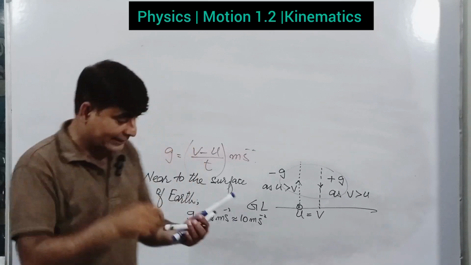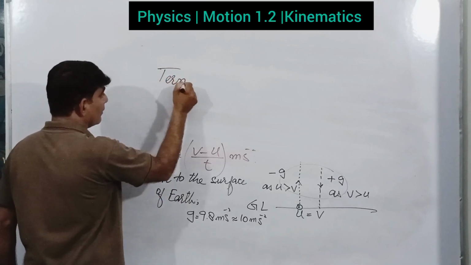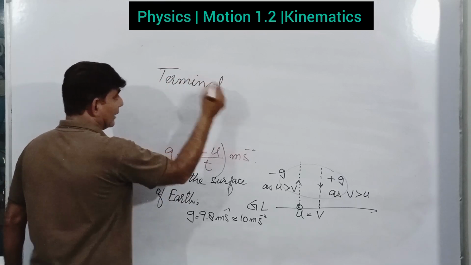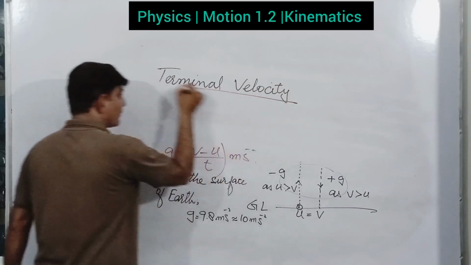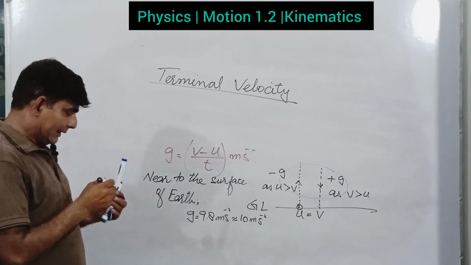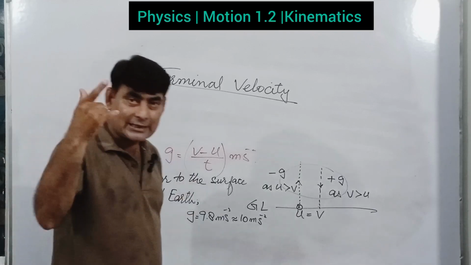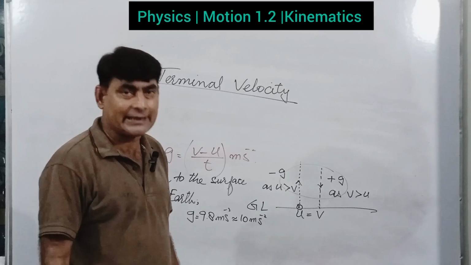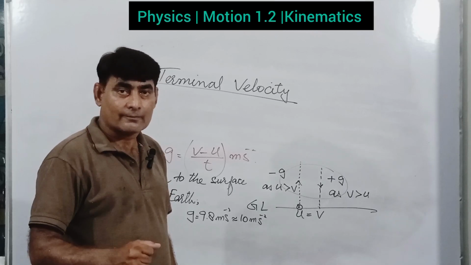So the term related to it, okay, write down: terminal velocity. In the simplest words, uniform speed under the action of gravity.